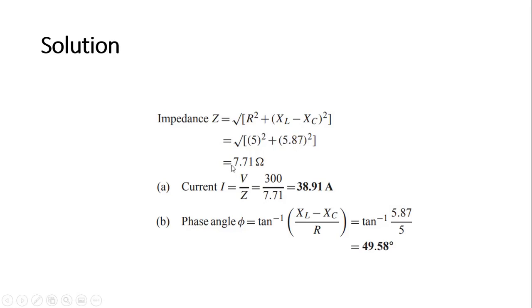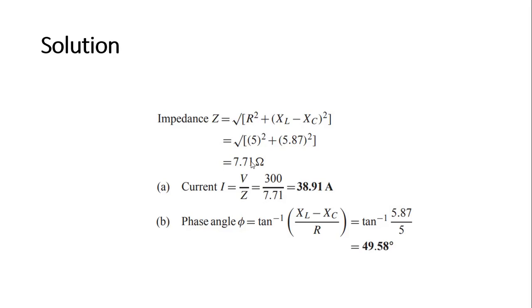When you do that, you get 7.71 ohms. And from previous class, we know that I is equal to V over Z. What is our V from the question? Our V is 300. And our Z we just calculated as 7.71 ohms. So we should divide 300 by 7.71. What is it going to give you?